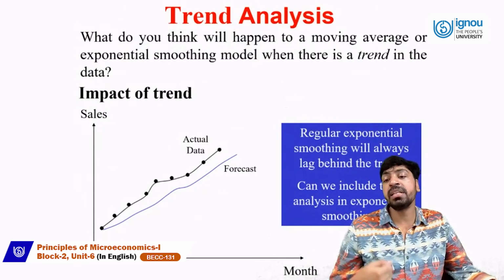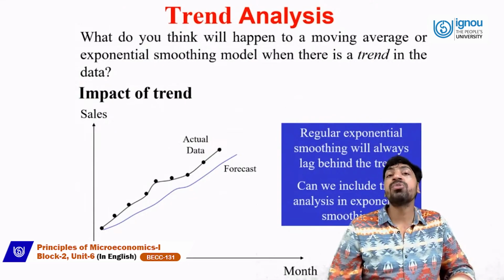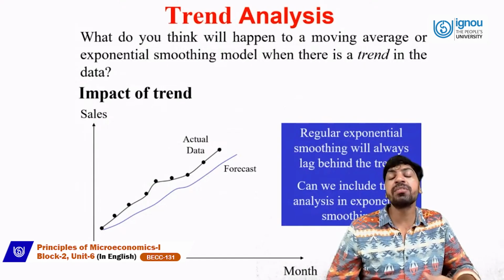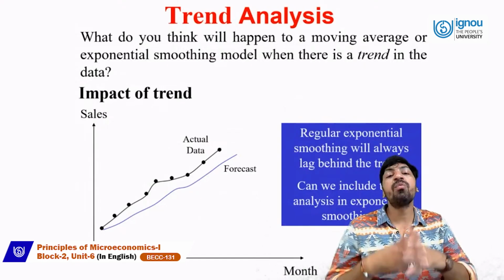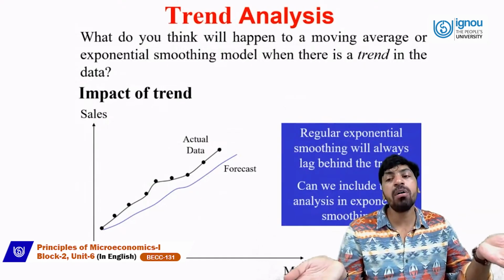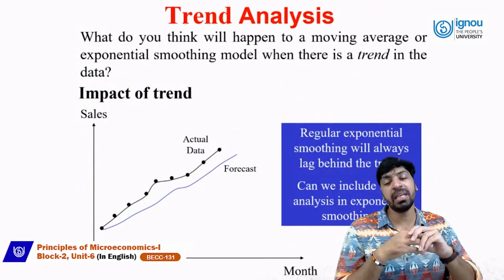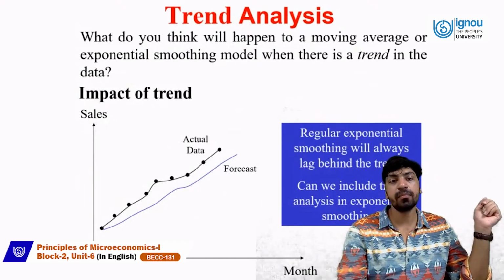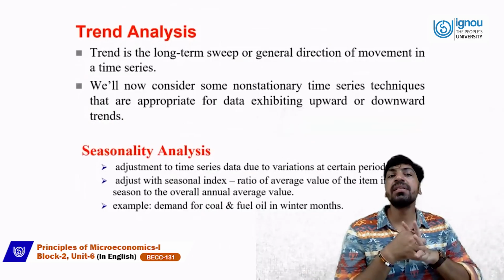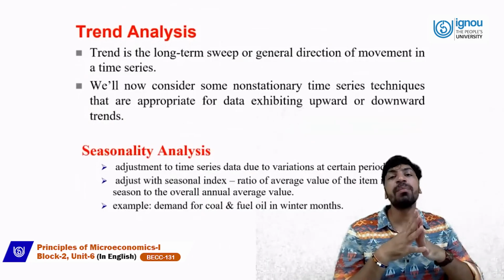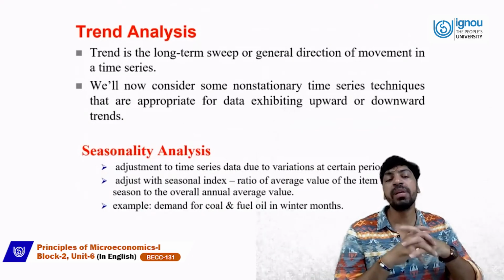That's true that it is necessary to include the trend analysis and exponential smoothing because it portrays what the data stands for during the actual and the forecasted period. Trend analysis is the long-term sweep or the general direction of movements in a time series.